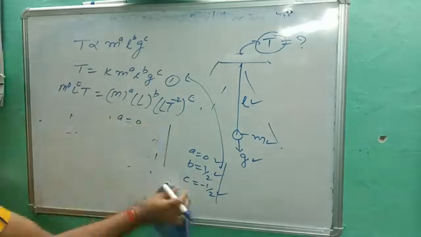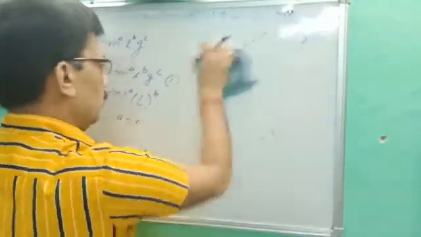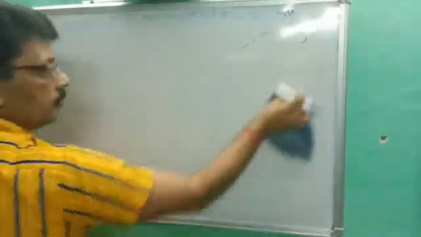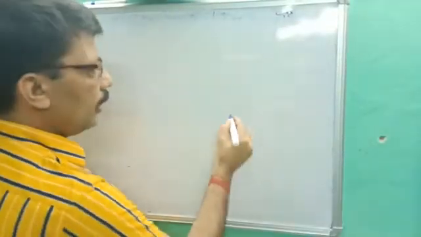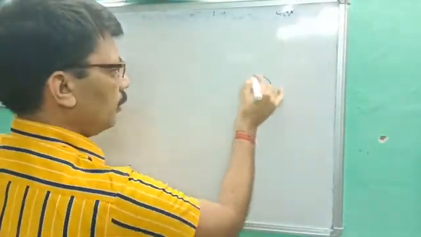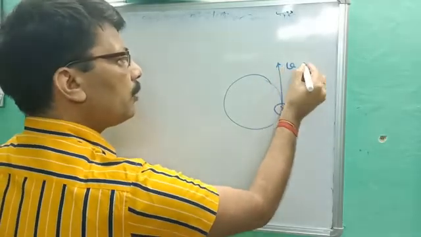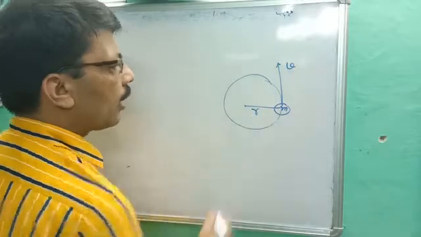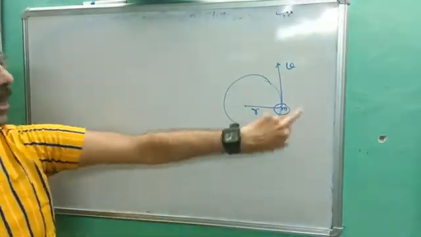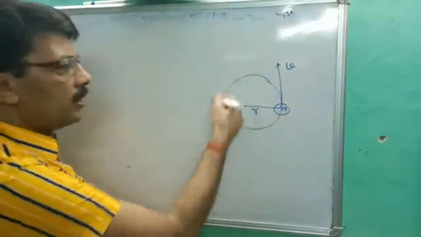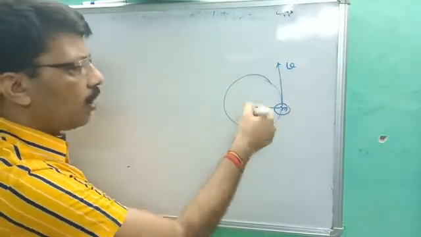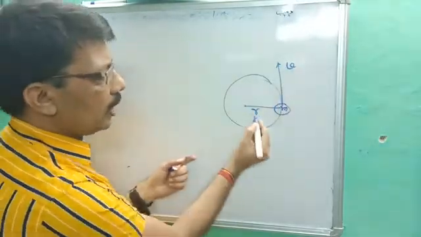Okay. One more question we will take. Let's suppose an m mass particle is given, which is moving with v velocity, maintaining r radius. You better know, an m mass particle, such as an electron, is moving in a circular form, maintaining v velocity and radius r.